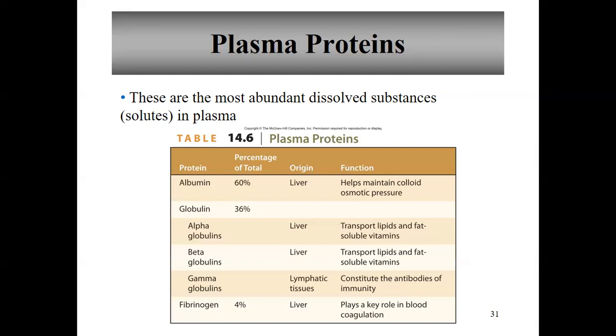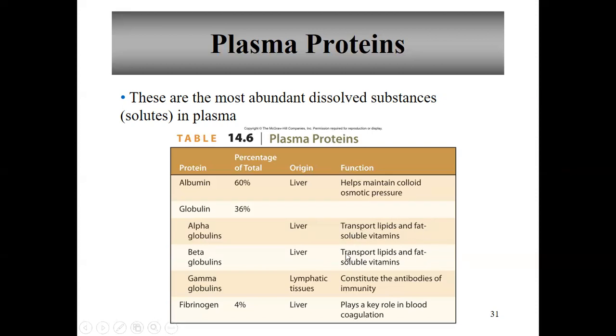Globulins: alpha and beta globulins are produced in the liver. Gamma globulins are produced in your lymphatic tissues. And these help to do different things. Some will help to transport lipids and fat-soluble things throughout the blood. Remember that your blood is made of mostly water, and these are fat and fat-soluble products.